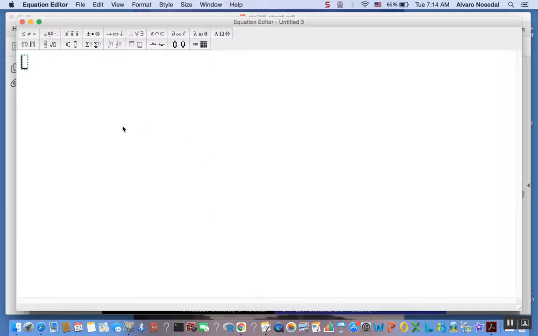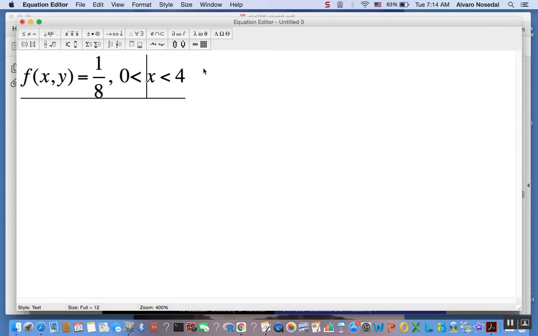Okay, so we have the joint is 1/8, and we have that condition: x must be between 0 and 4, and we also have y must be between 0 and 2.